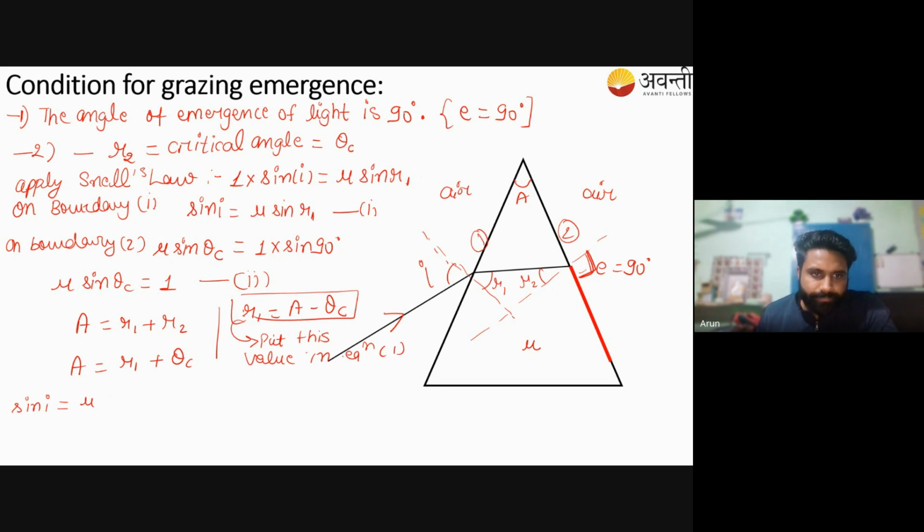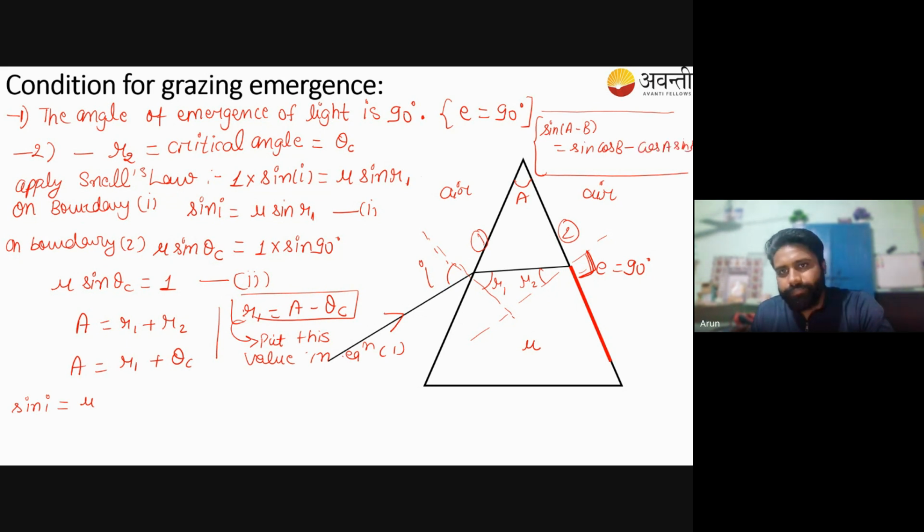So it will become, I'm writing it here. Pay attention to it. Sin A minus B is, you know the formula, na? Sin A cos B minus cos A sin B. So here we have A minus theta c.